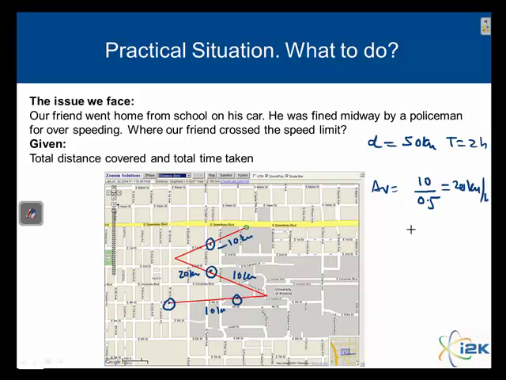Similarly, you can find for the second part. The second part average is 20 upon 0.5, which is 40 km per hour, and the third and fourth part averages are the same, 20 km per hour. So naturally, still it is not clear where he oversped.